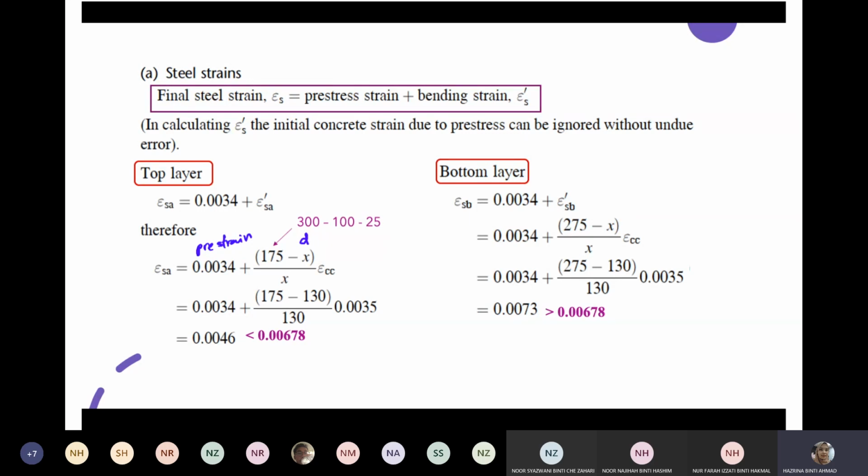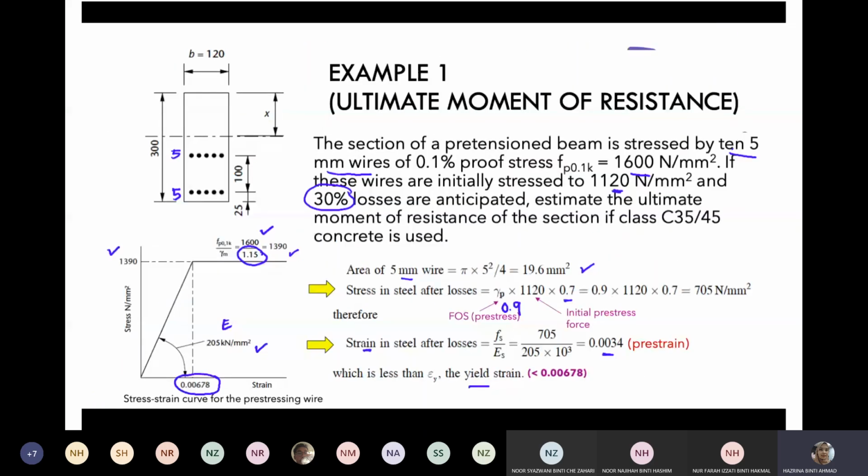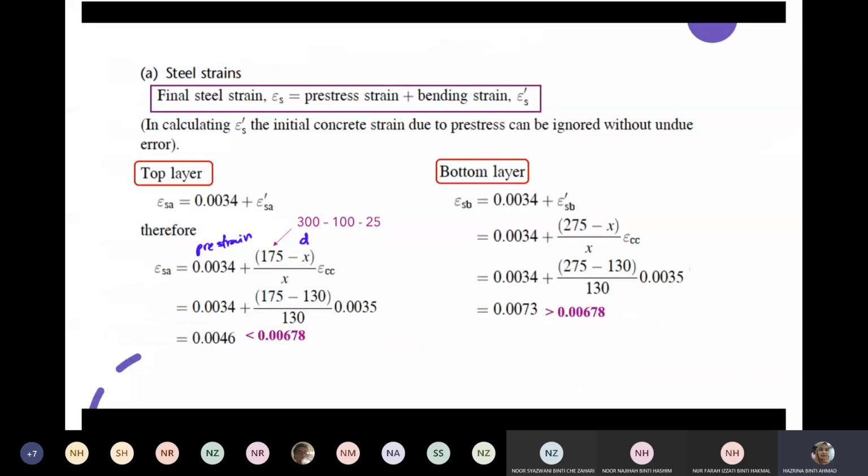Then we compare this value with the yield strain, which is obtained from the stress strain curve, which is 0.00678. Therefore, for the first calculation, the value is lesser than the yield strain.